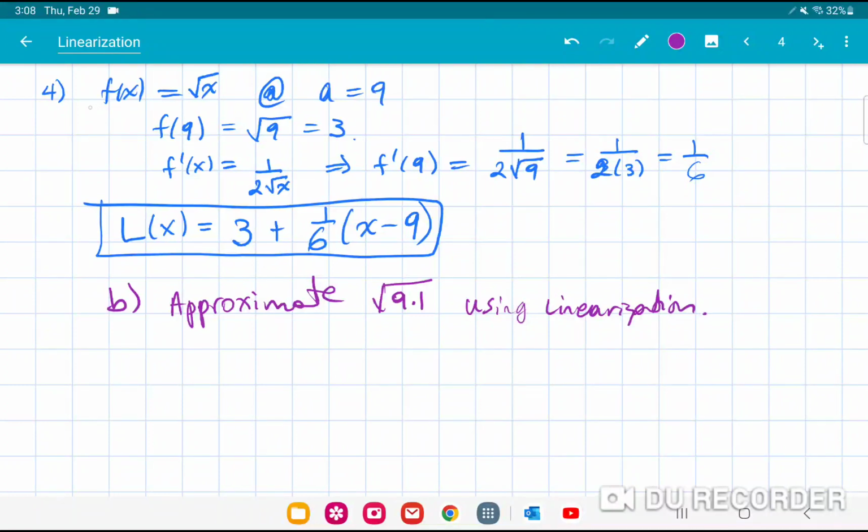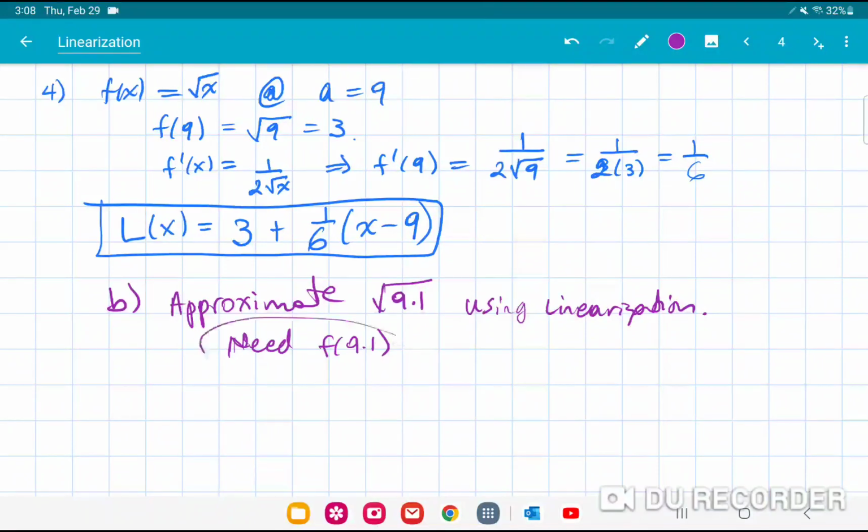So remember, the function f of x is the square root of x. And we want to find the square root of 9.1. Basically, we need f of 9.1. That's what square root of 9.1 is. Okay? But we don't have the tool to calculate the square root function.